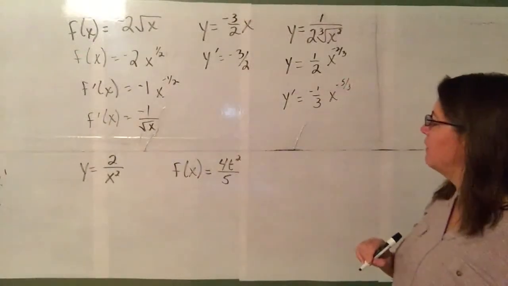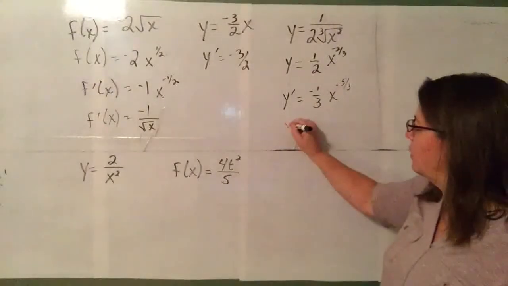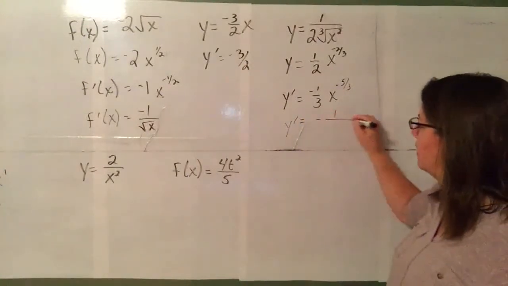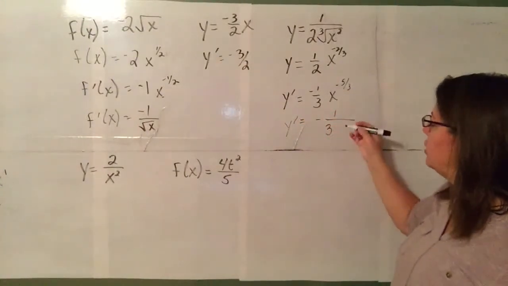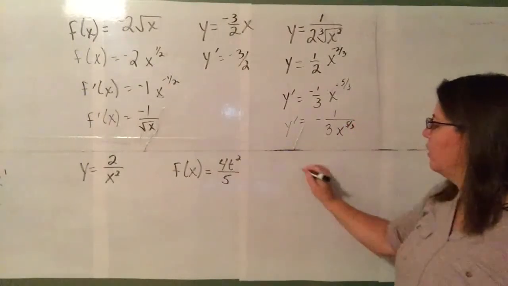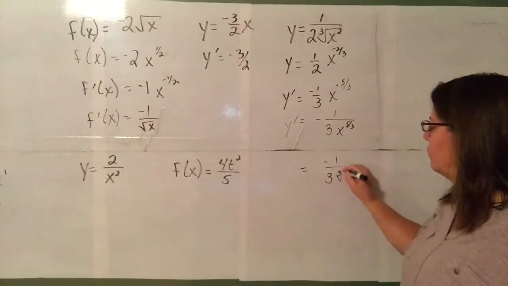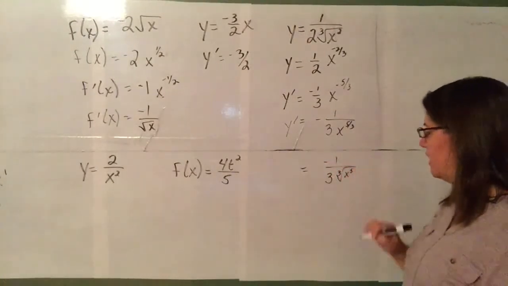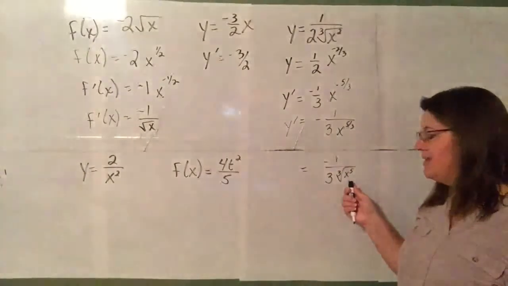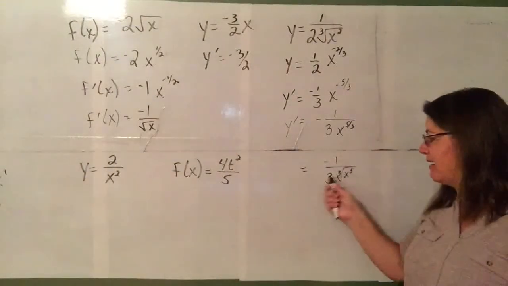And then I need to rewrite that one so I don't have any negative exponents. So my answer there would be y prime equals -1/3. You could leave that as x to the 5/3, or you could put -1/3 times the cube root of x to the 5th. If you leave it the cube root of x to the 5th, it's not in simplified form. Remember that x to the 5th, we can bring out an x.